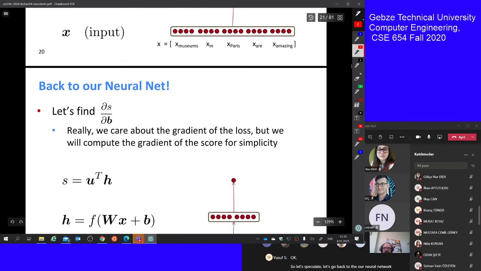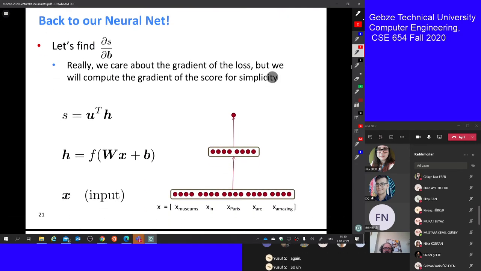So if I like to take the derivative of s, the score, with respect to b, not with respect to u or with respect to something else, with respect to b.